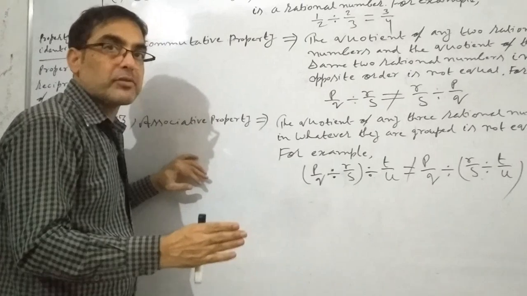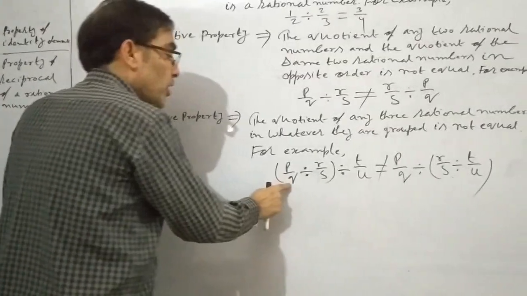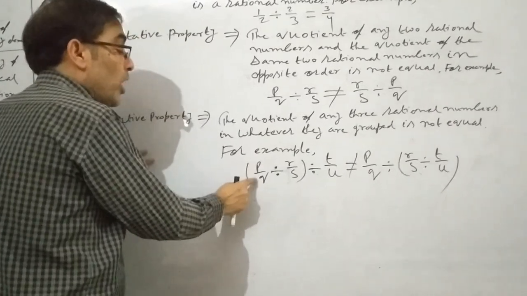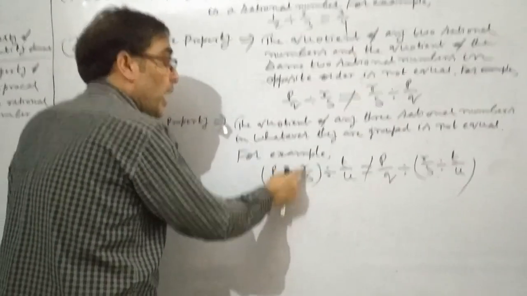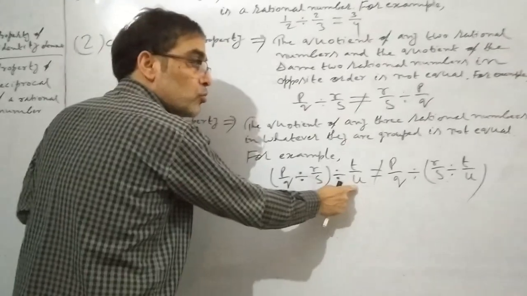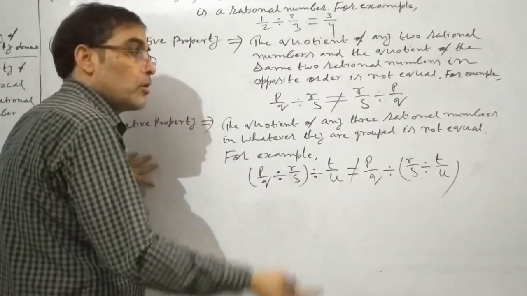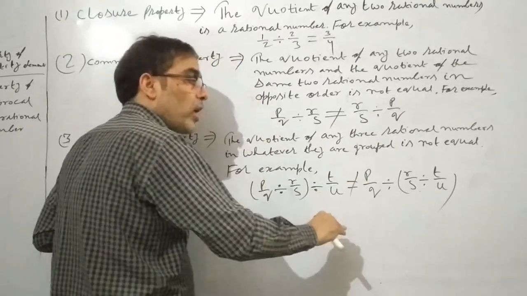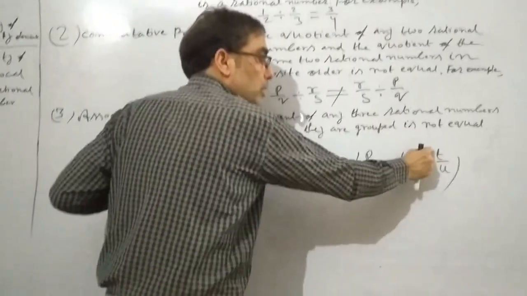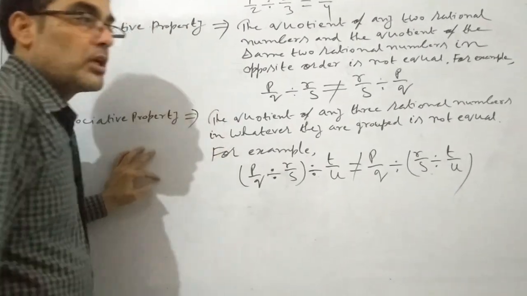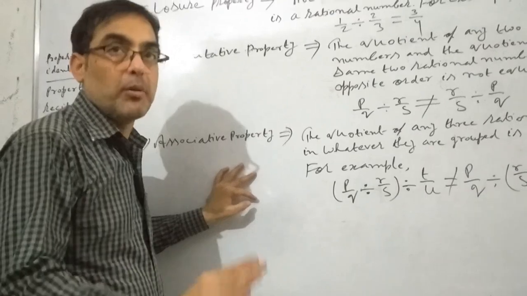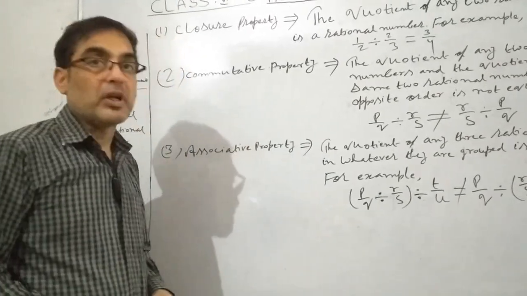When we divide the quotient of p by q and r by s by t by u, or in the second way, if we divide p by q by the quotient of r by s and t by u, then in both conditions the result will not be the same. Three properties I made you understand.